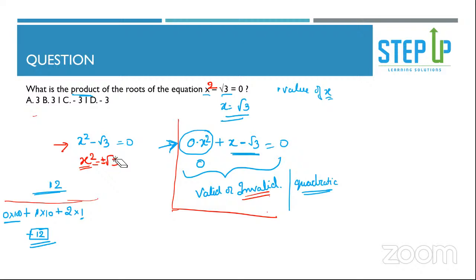So x square minus root 3 equal to 0. x square is equal to root 3. Taking the square root on both sides, we get x is equal to 3.